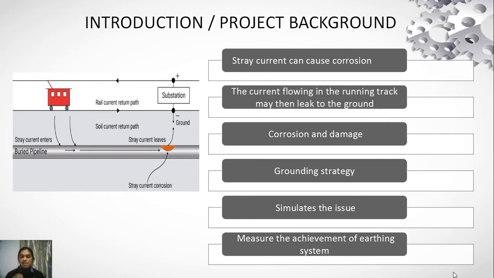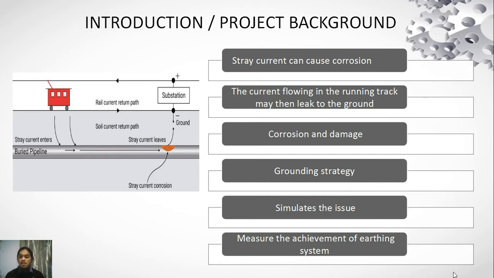The current flowing in the running track may leak to the ground, pass through the soil, and connect to nearby bare or badly insulated buried metal structures, due to inadequate insulation between the return circuit and the earth. Corrosion and damage, as well as overheating, arcing and fire, may occur if stray current escapes the metal structure.